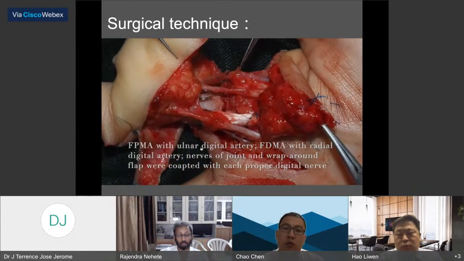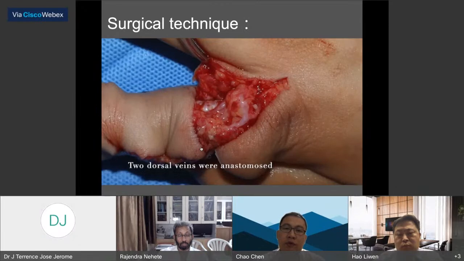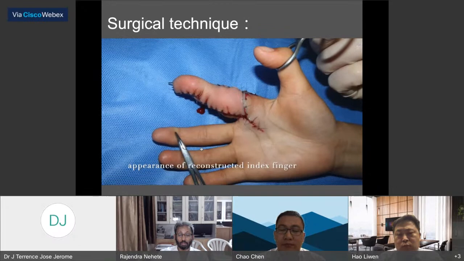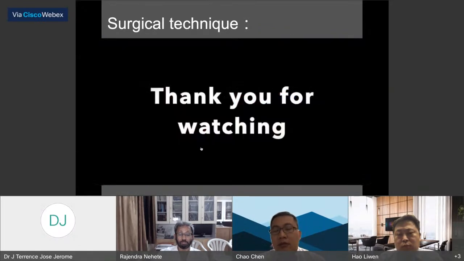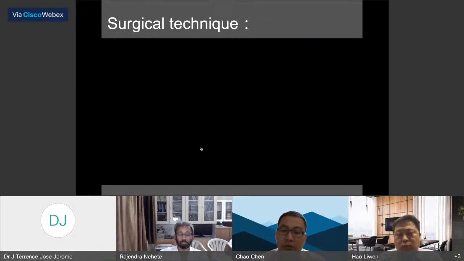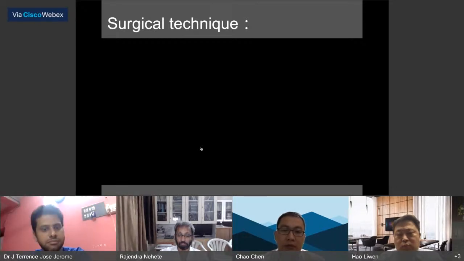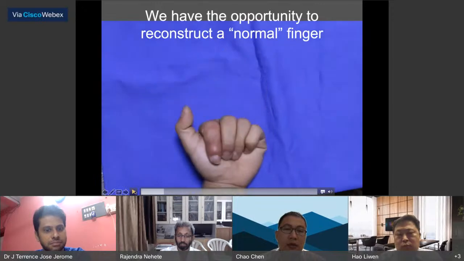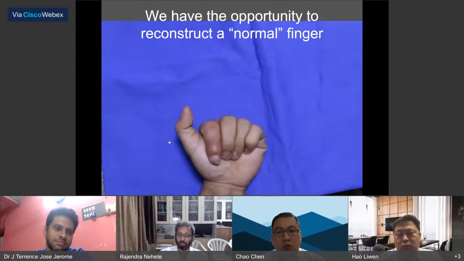We repaired 2 nerves. One is to the wraparound flap, the other is to the PIP joint. This is the appearance immediately after surgery. And after we did a proximal finger reconstruction, what about the outcome?